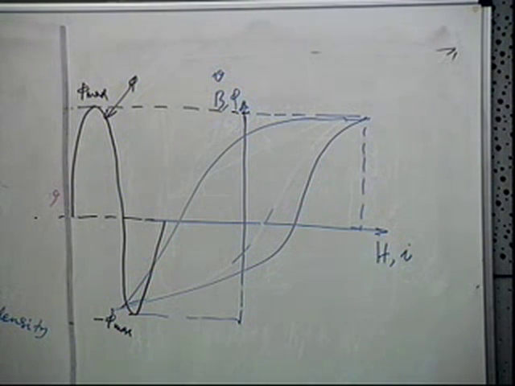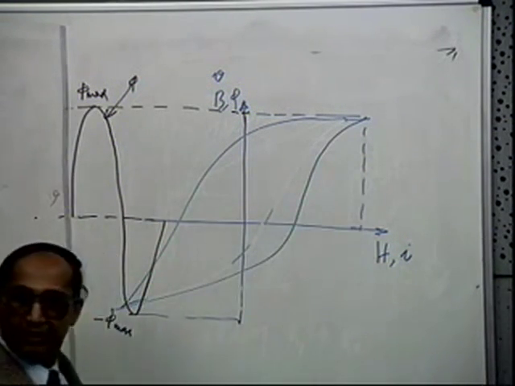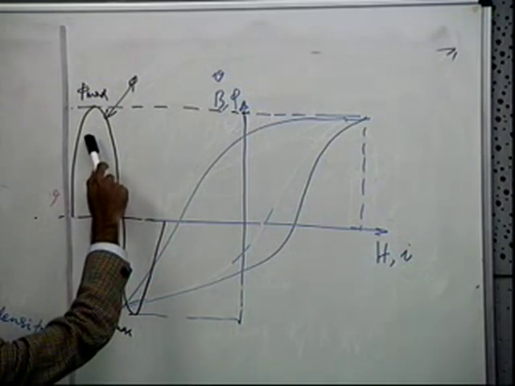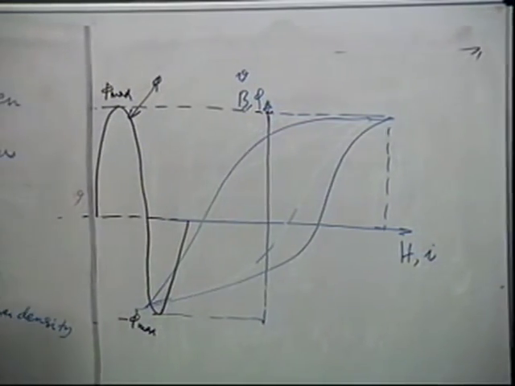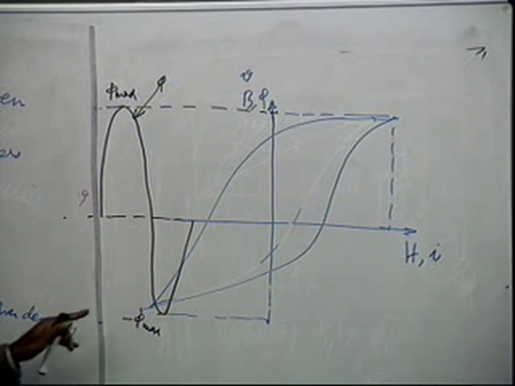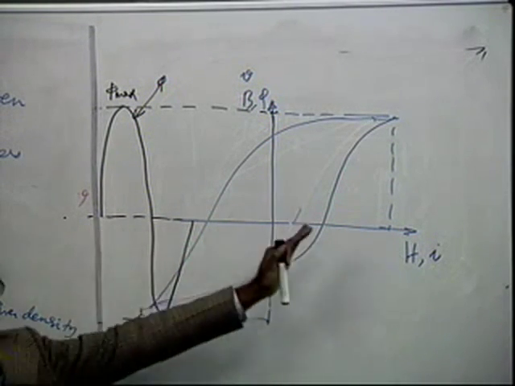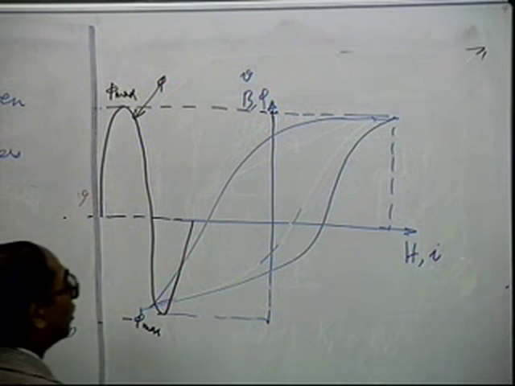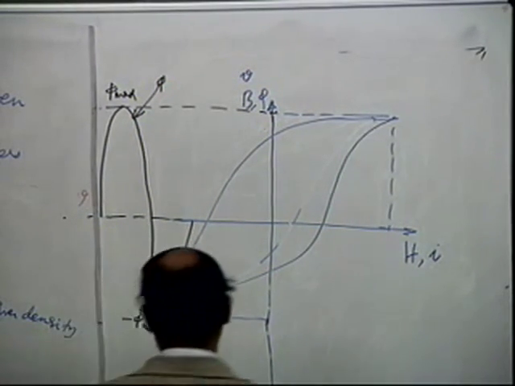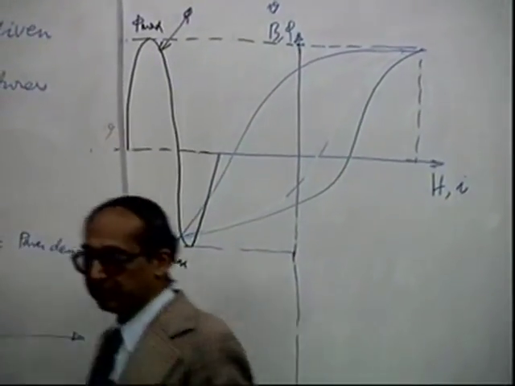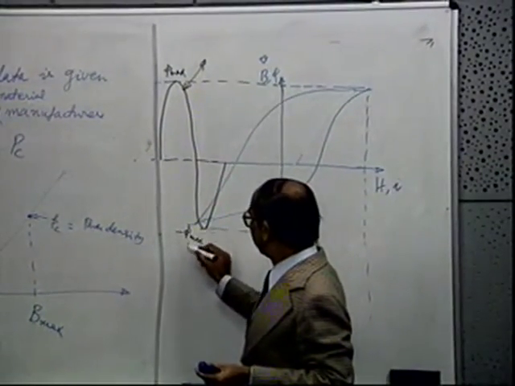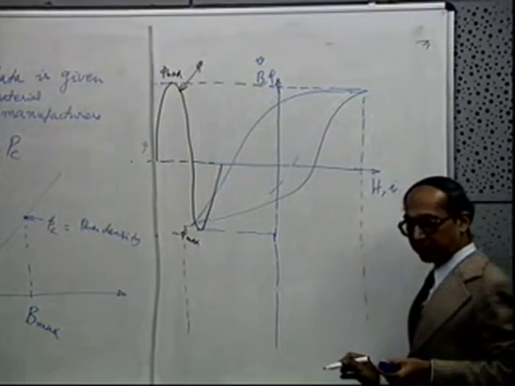Now, for each point in phi, you will have another point of I. Whenever there is a flux, each flux will have a corresponding I. So if you take a BH loop and do a graphical plotting from the sinusoidal flux, you will notice, interestingly, that I will be varying from plus I max to minus I max, isn't it?